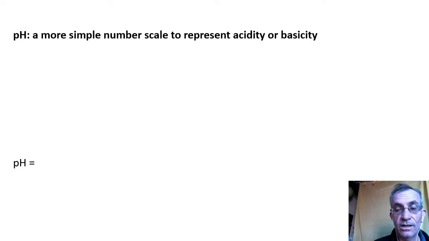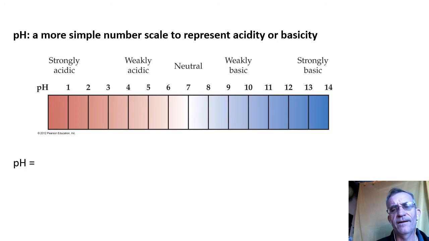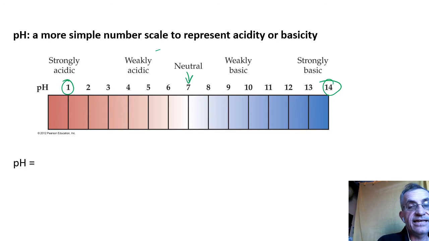First off, the pH scale goes from 1 to 14. If you are neutral, you will have a pH of 7. Things with a pH of 7 are neutral. If you have a pH less than 7, anything from 1 to 6.9, you are acidic.